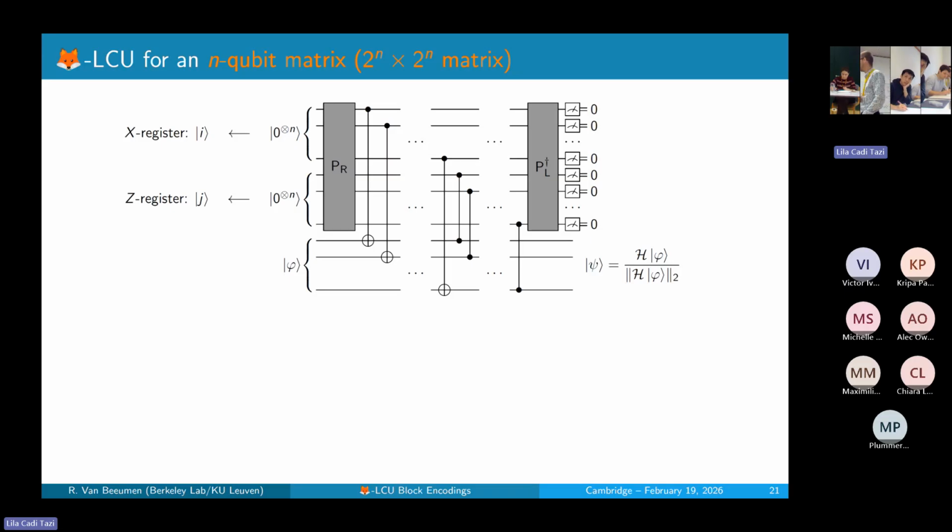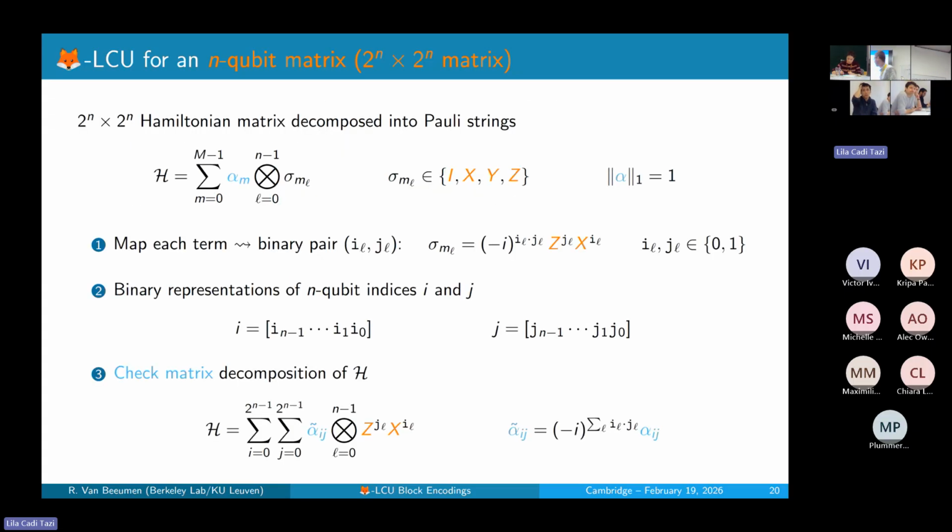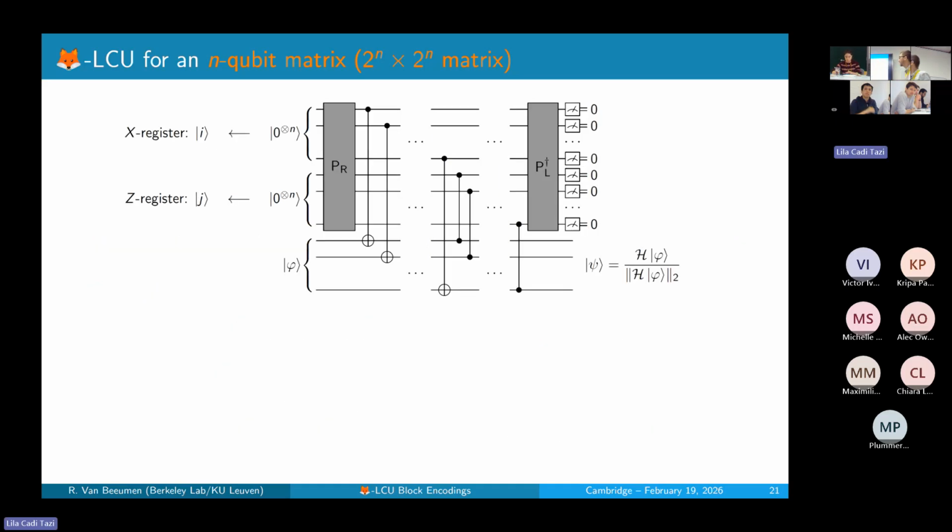What we will have is two ancilla registers where the top n qubits represent the x register i, this part here. And then the second one is what we call the z register for the indices j. And we see that the i indices are the selection for the CNOT gates and the j for the CZ operations.